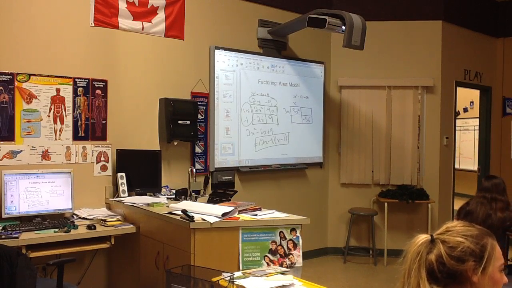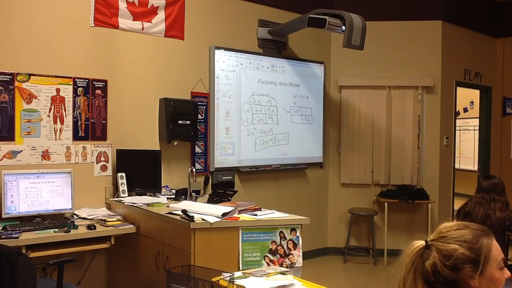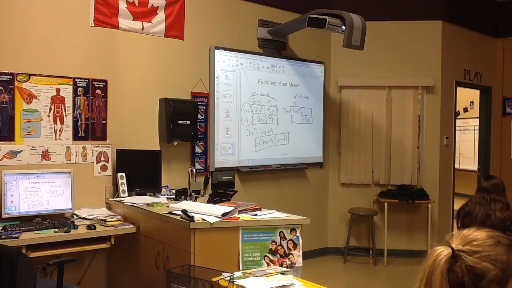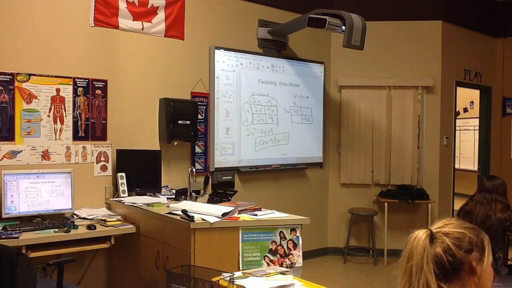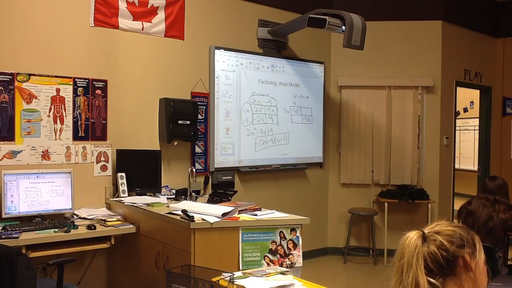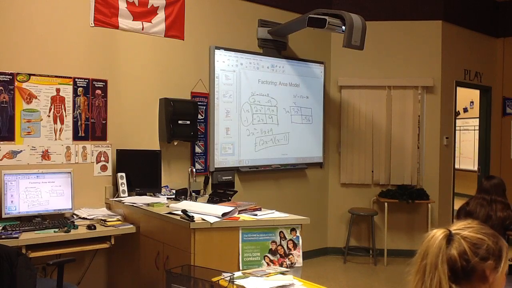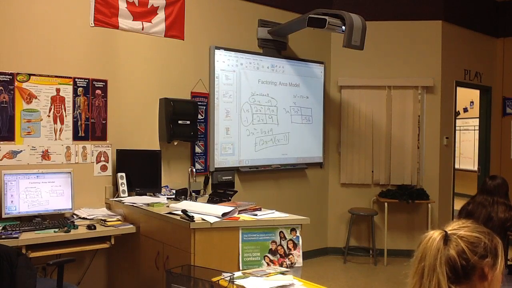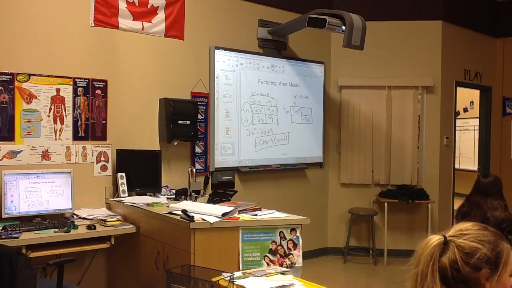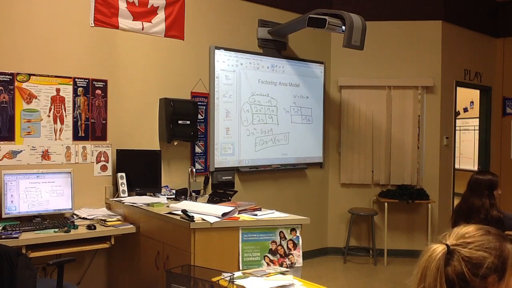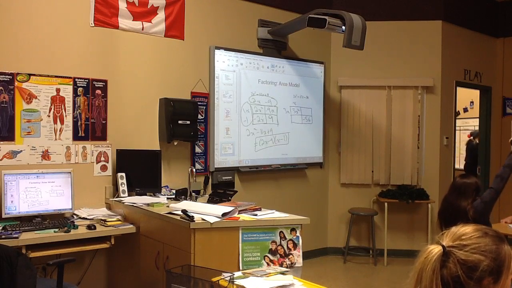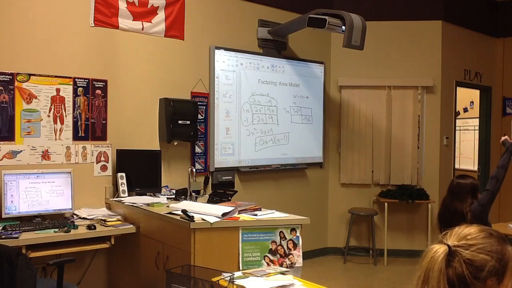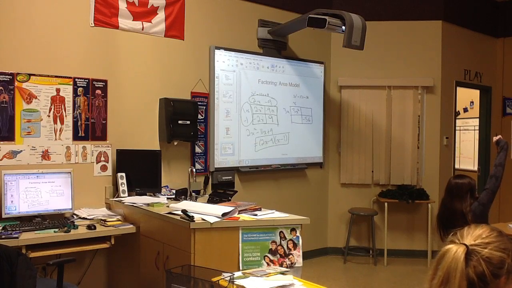3 times negative 8 gives me negative 24. What's 24 subtract 7?